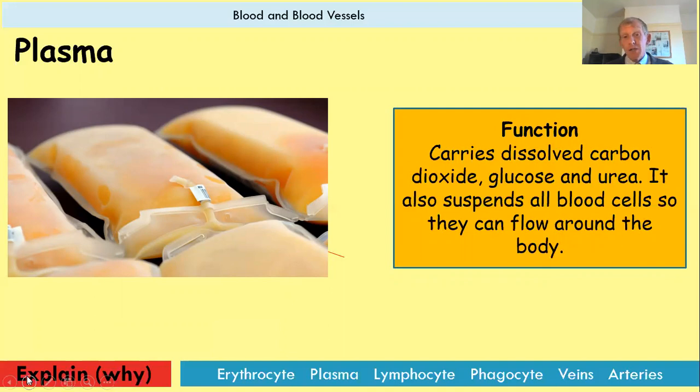What the plasma does is supply the nutrients and take away the waste products, and it does this very effectively. It also is really good at supporting and suspending all the different cellular components of blood to enable them to flow around our circulation system. So it's a really, really important part of our blood. And as I said before, it makes up 55% of all the blood that's in our body.